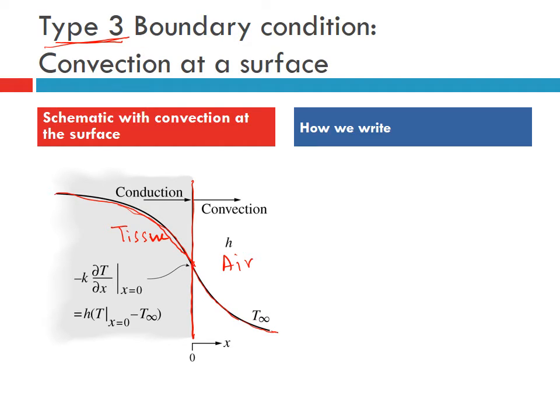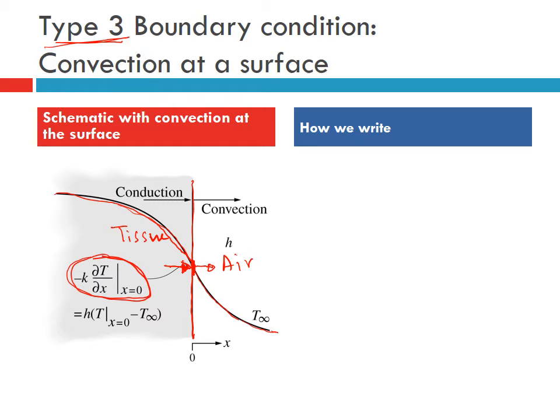So all we can say at this point is that however much heat is coming in from the left is the amount that you are losing to the air. So the amount from the left is minus k dT/dx at x equal to 0. That's the heat conducted into the surface, the conductive heat flux.